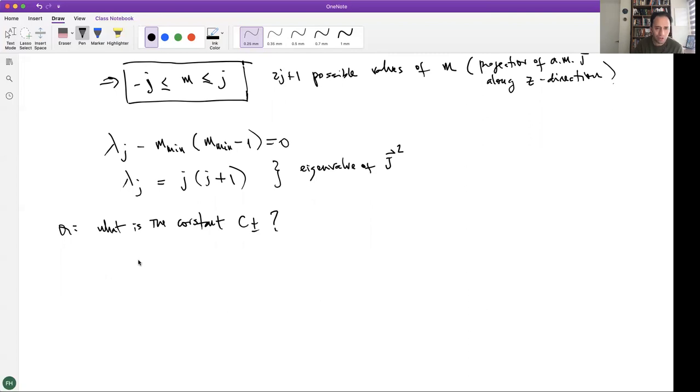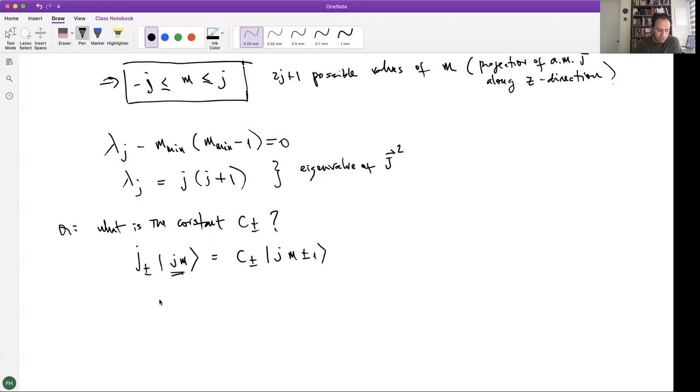So according to our definition, we have the operator j plus minus acting on jm is equal to c plus minus times jm plus minus 1. And we also know that jm is normalized.